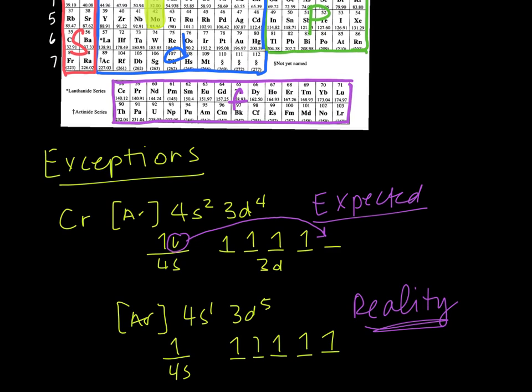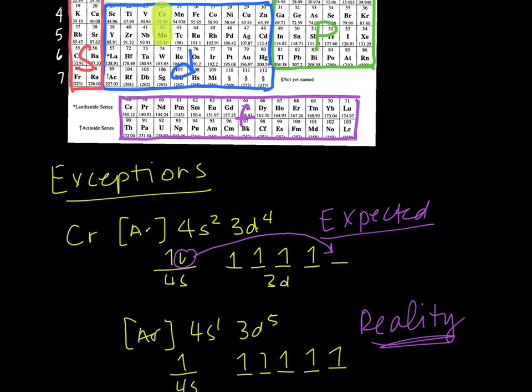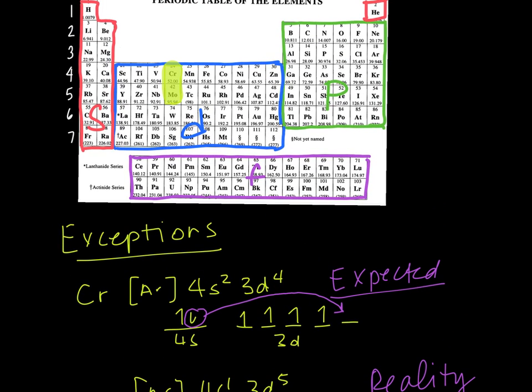Okay, and so the same thing is going to happen with molybdenum here, except it will be 5s1 3d5.